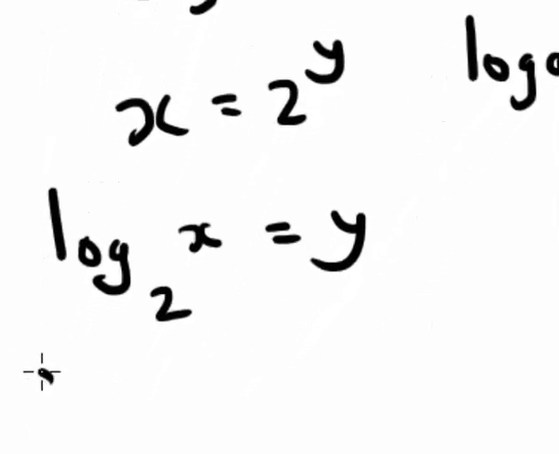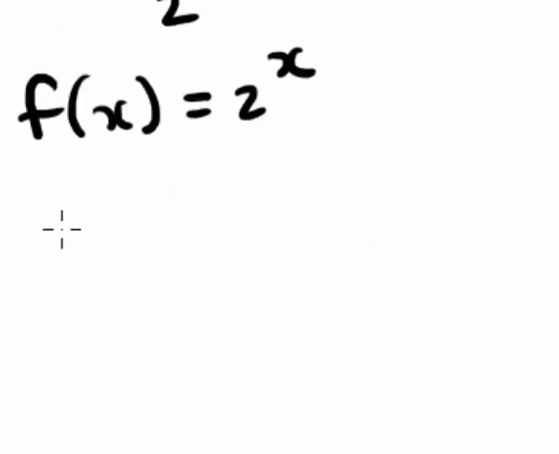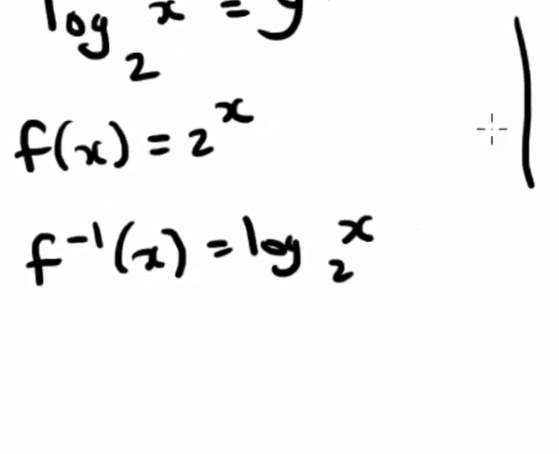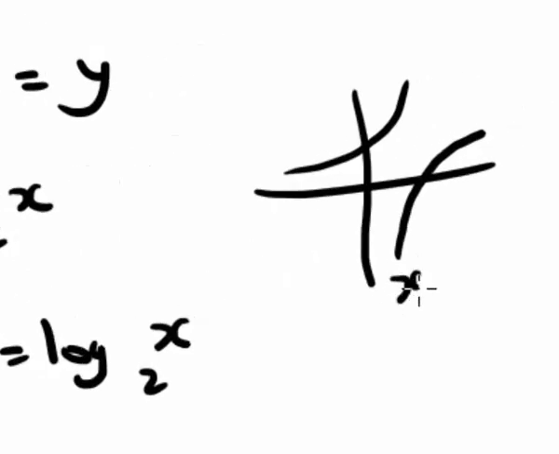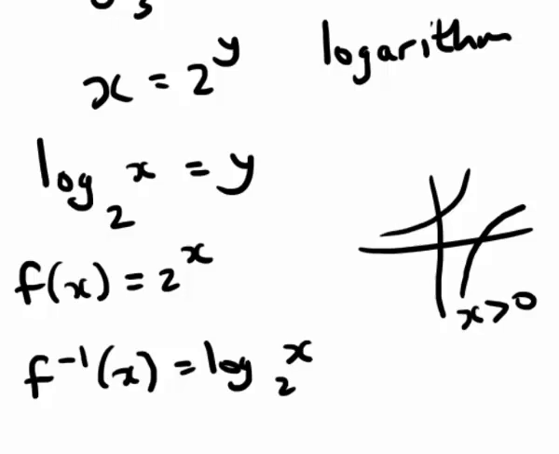In other words, if f(x) is equal to 2 to the x, the inverse of this graph would be what we call a log graph, which is the log of x to base 2. It looks like this. There's your 2 to the x, and your log graph looks like that. Interestingly, x is always positive for this one. So that's sketching the graph of the inverse of an exponential.